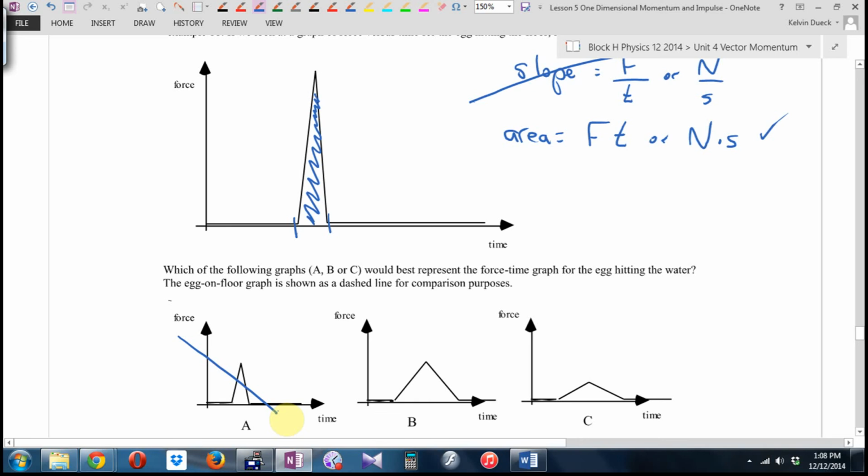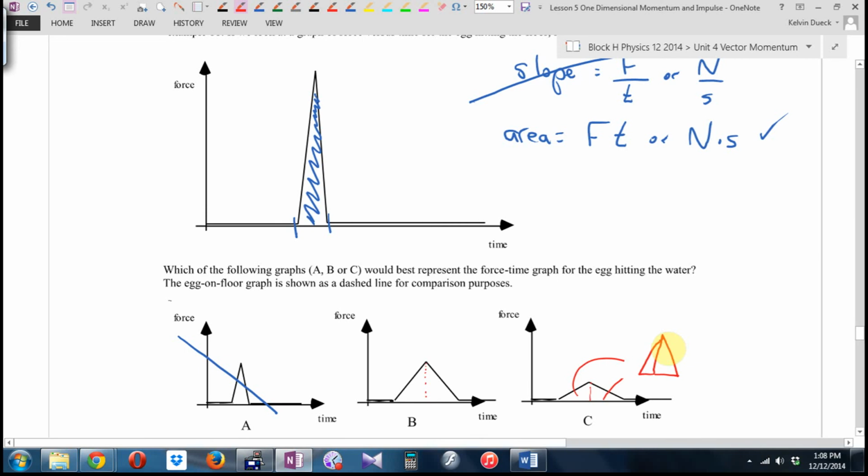Is that okay? Then what I want to do is imagine which of the remaining two actually have enough area underneath them to hold this puppy. And the way I would do it, since I have no numbers, I would probably in my mind just cut each of these in half and then take this triangle and flip it like that, and this triangle and flip it a little better than that, Mr. Dueck.